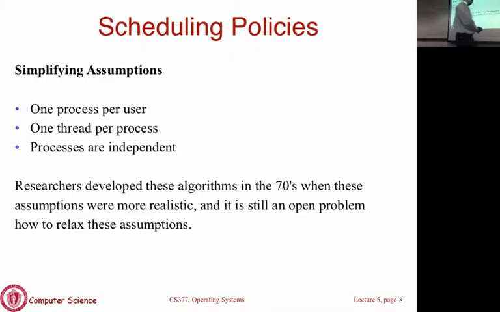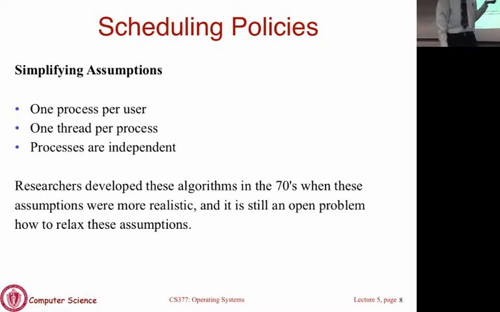They're not cooperating. If they're cooperating, you may pick policies that allow you to schedule groups of cooperating processes in some reasonable way. Here, each process is its own thing. There is no dependence between processes, so we can make decisions regarding a process independent of what other processes are doing. Okay? So these are the assumptions we'll keep in mind.